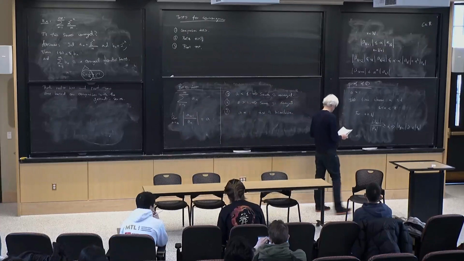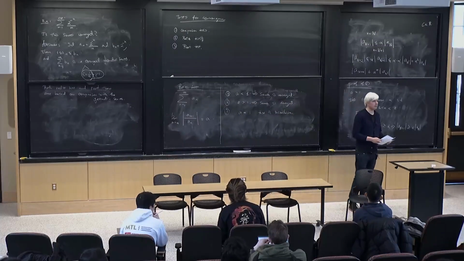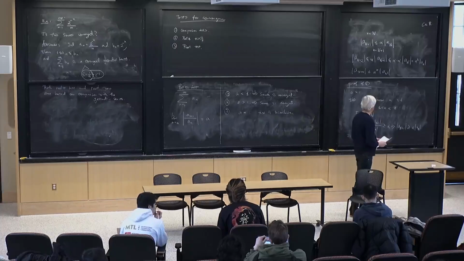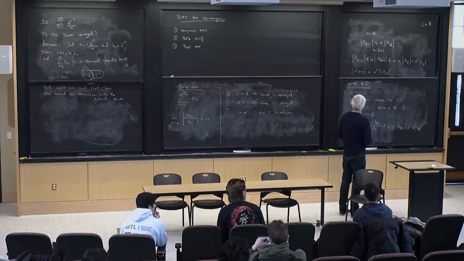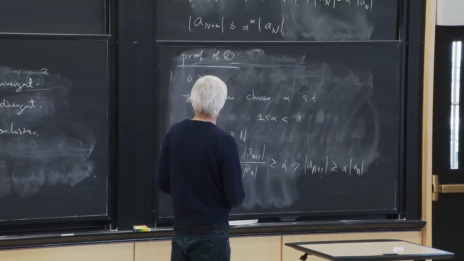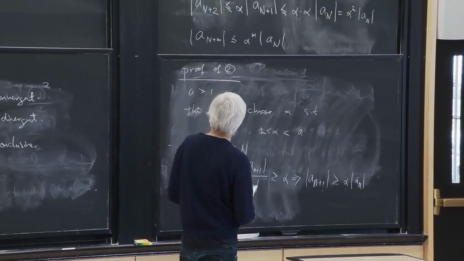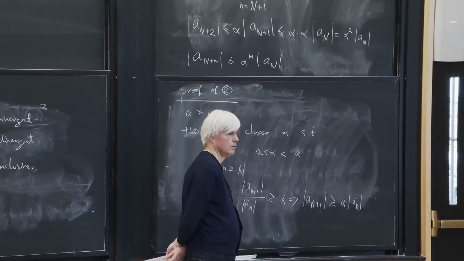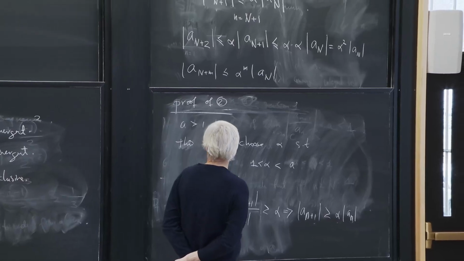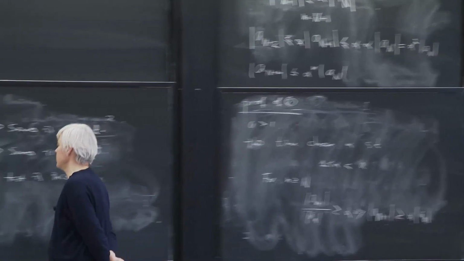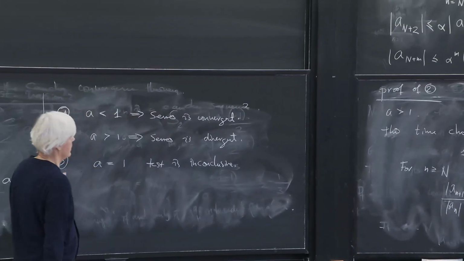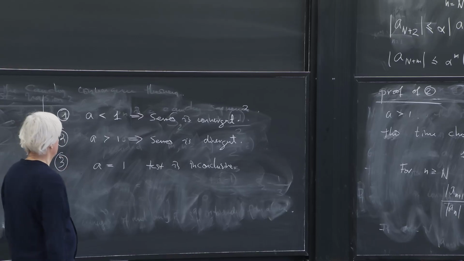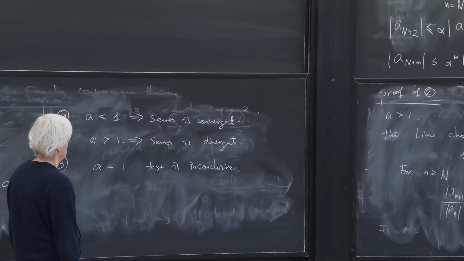I have a question about the first proof. Does that assume that the series is monotone decreasing? So for part 1, when we say that a is less than 1, that implies that it converges.